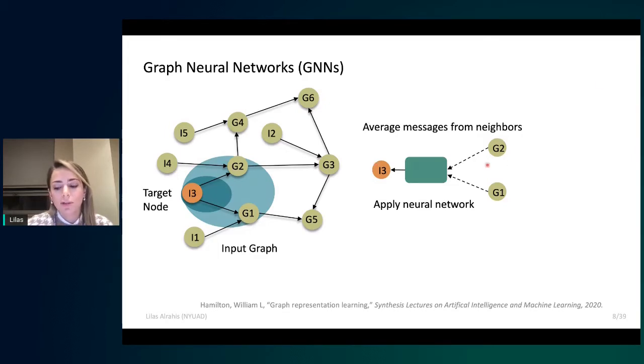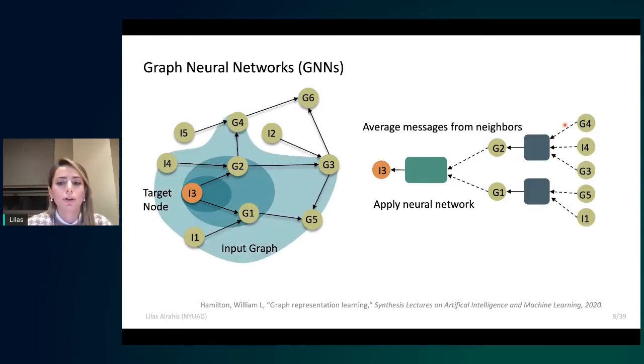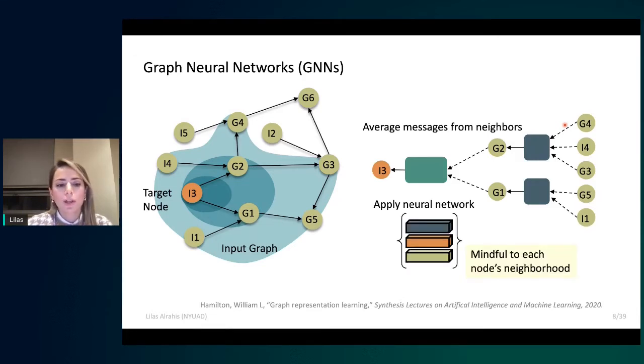Each one of its neighbors also collects information from their own neighbors. And so by doing this for multiple layers, we will generate an embedding vector for each node in the graph that captures the properties of the node itself, the properties of its neighborhood, and also the connectivity in the graph. So this is a very important feature, that the extracted vectors are mindful of each node's neighborhood.